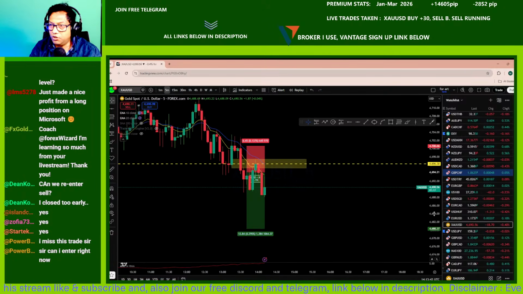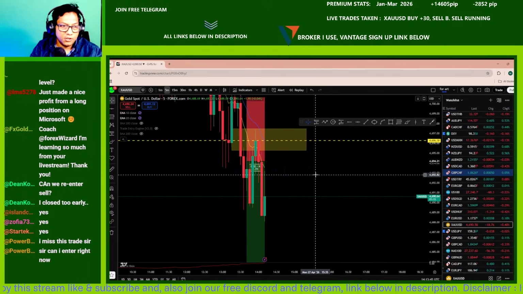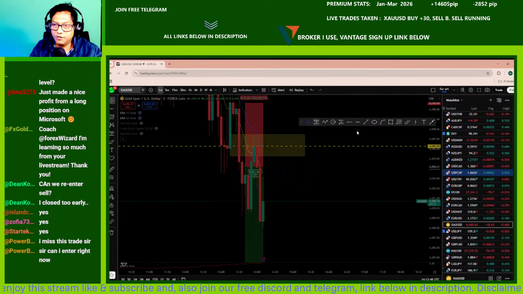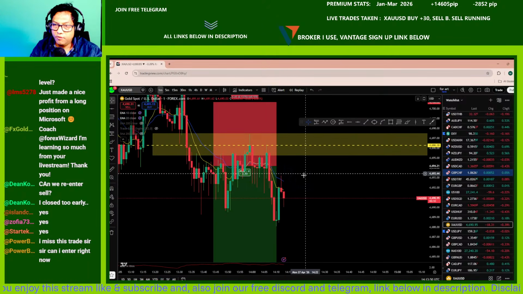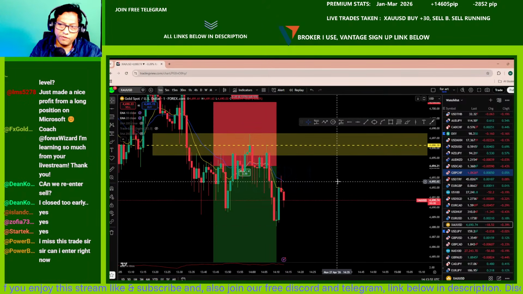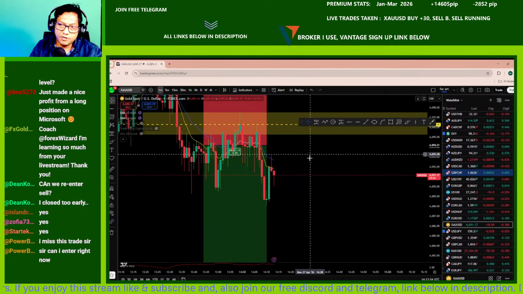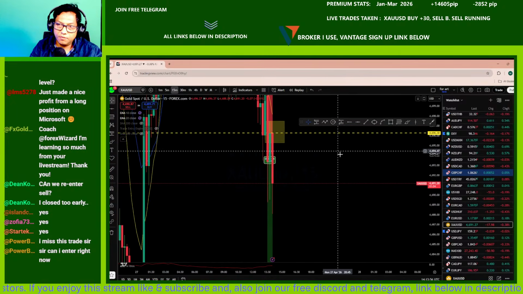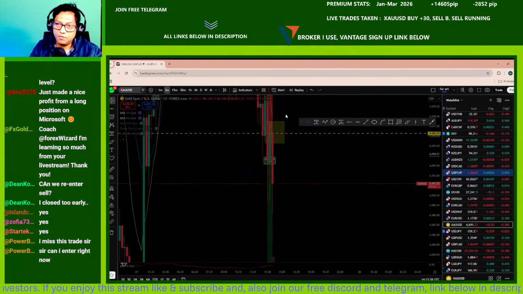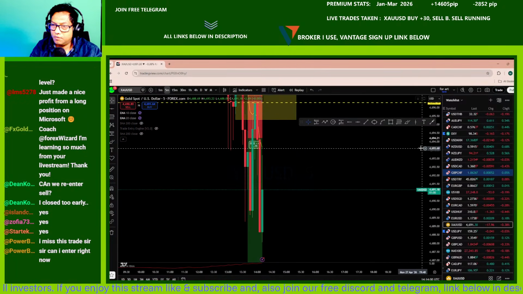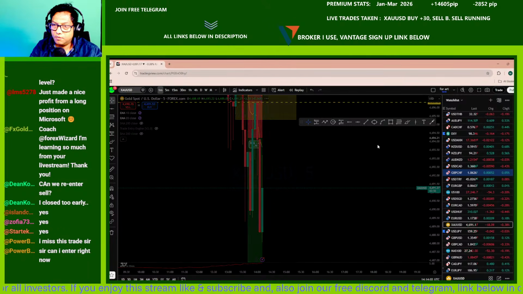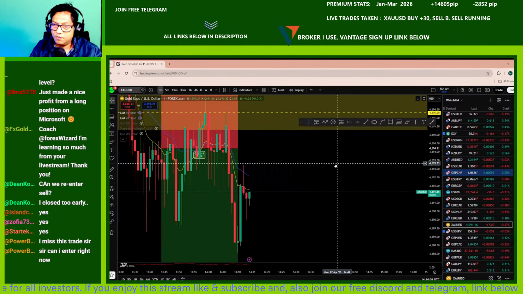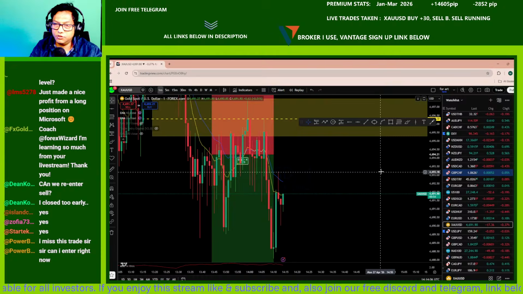Here's the move that you can see, the market is trying to create bearish momentum. If you look at the 10 and 20 exponential moving averages, surprise you with this move again.